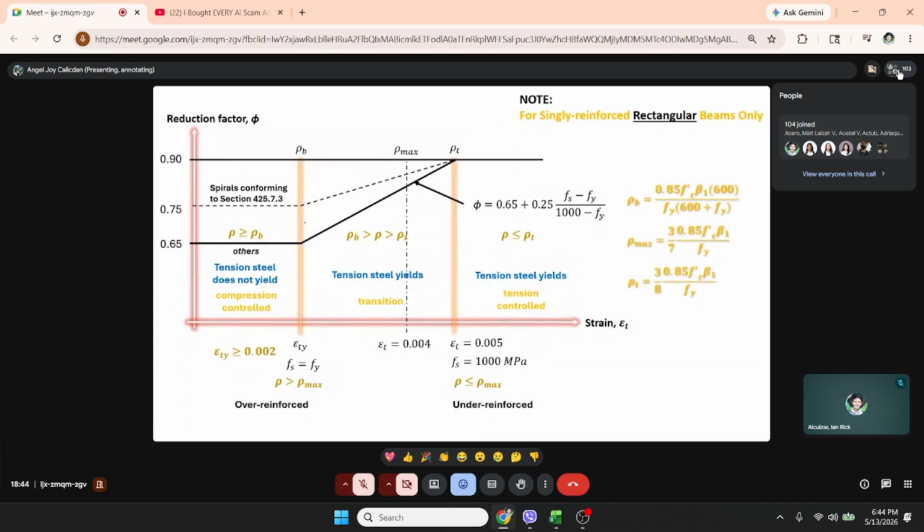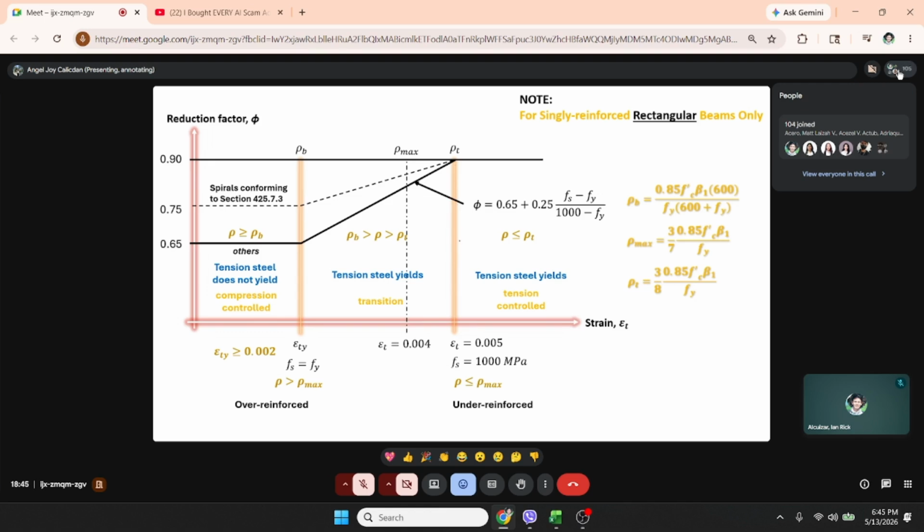So kung mas dako imong rho, dito siya sa compression control. So bali po siya sa strain, kung ang imong strain kay mas gamay sa strain sa balance condition, compression control. Pero sa rho, kung mas dako imong rho sa balance condition, compression control.